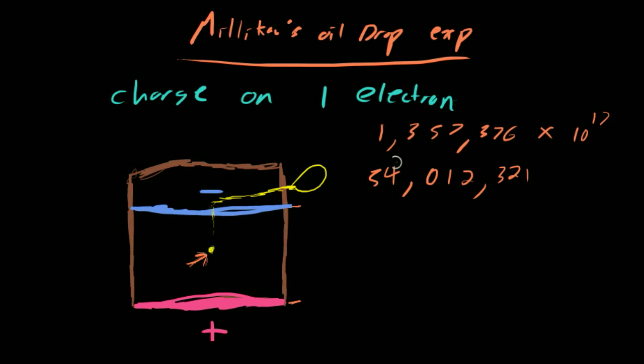But they figured that if they tried to find a common denominator, the common factor between all of these different charges they were measuring, they would eventually come down to finding the charge on one electron.